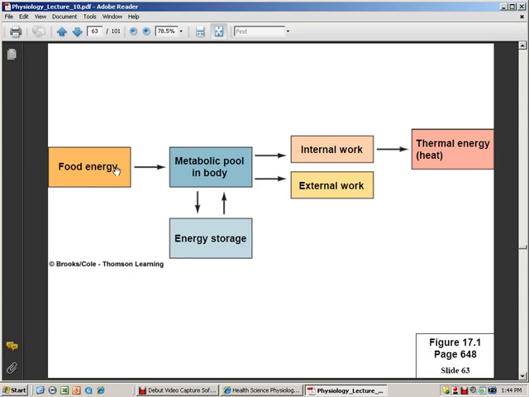So you take in food energy, you put all those chemicals in your metabolic pool. You can store them. If I eat a cheeseburger, what are the 3 forms of storage for energy? Fats, that's a big one. Carbohydrates, as in glycogen, and proteins in the form of muscle.